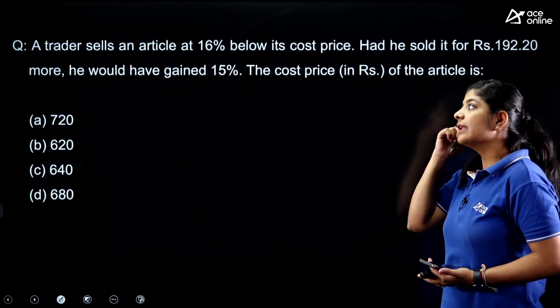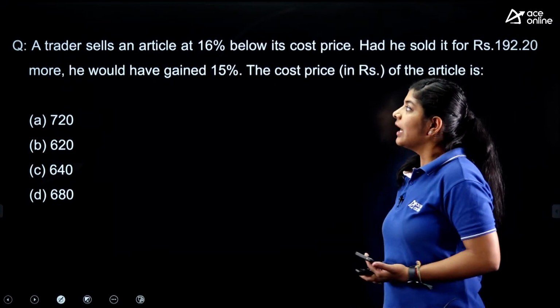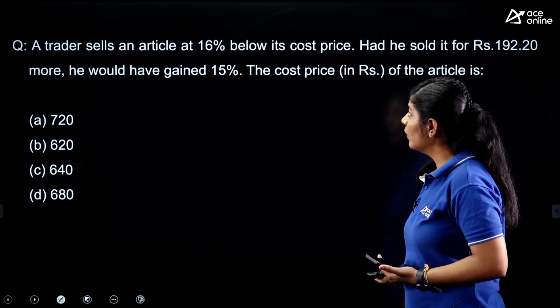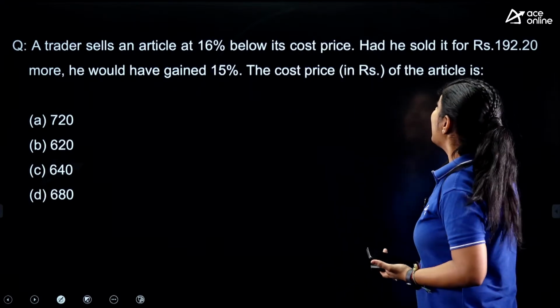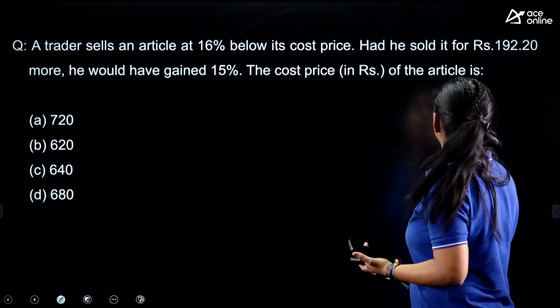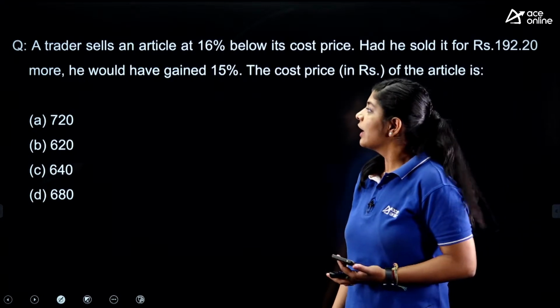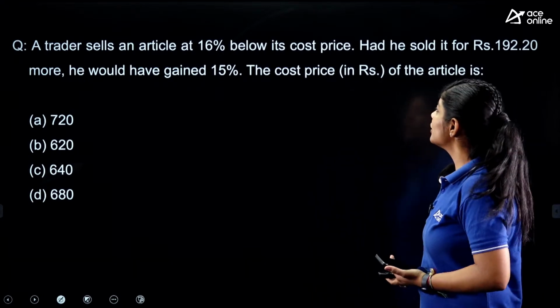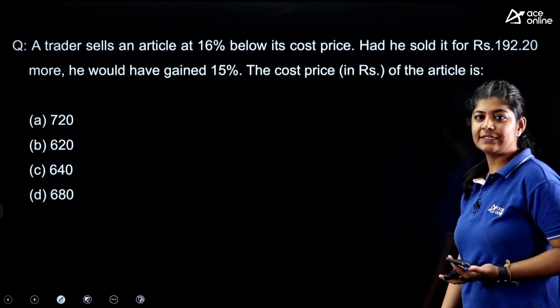Next. The next question says that a trader sells an article at 16% below its cost price. Had he sold it for rupees 192.20 more, he would have gained 15%. The cost price in rupees of the article is what we need to find.